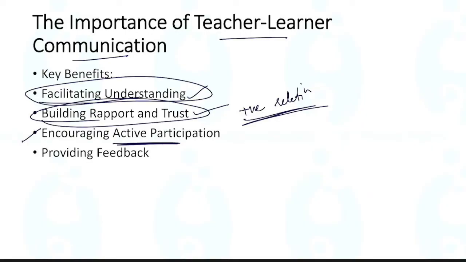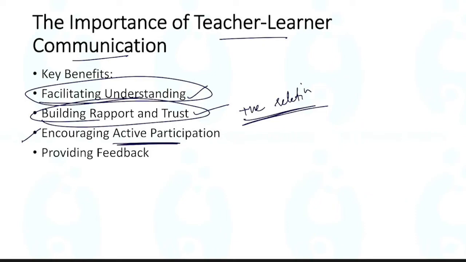You can only take your own example. In certain classes, if the teacher is not good, we won't be actively participating in the discussions, right? But if the teacher is very good, and if they are properly communicating with us, then we will be happy, we will be answering their questions, and there will be active participation in the class discussions, right?